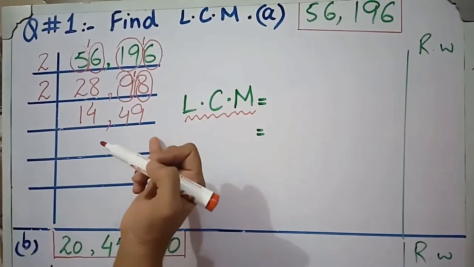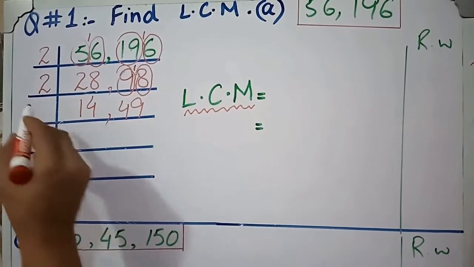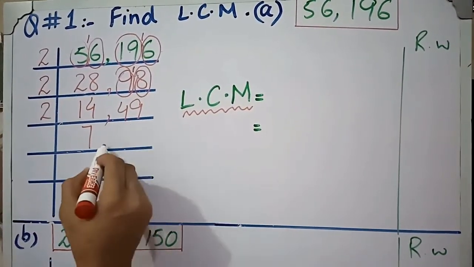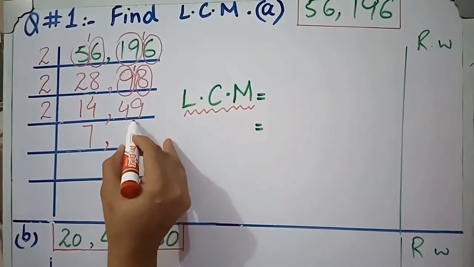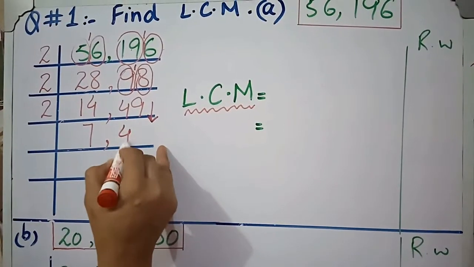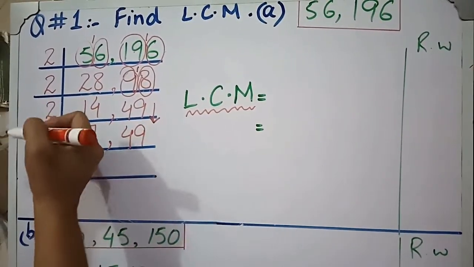In method number 2 of LCM, we can do it like this: 2 7s are 14, but the next number is not divisible by 2, that's why we will drop down this number as it is, 49, because it is not divisible by 2.